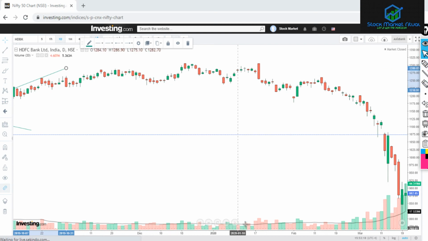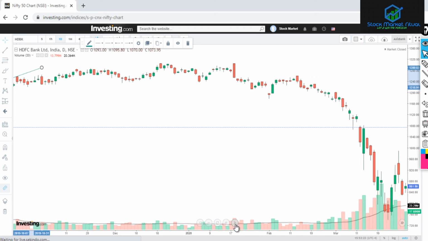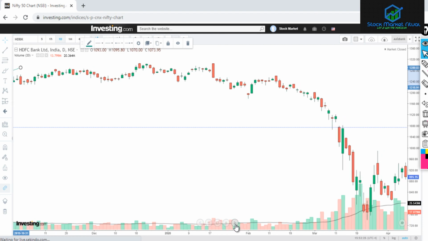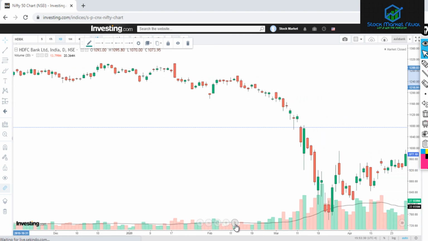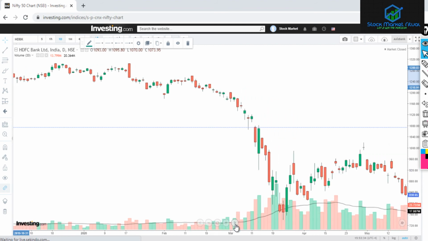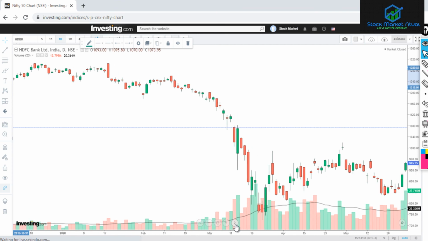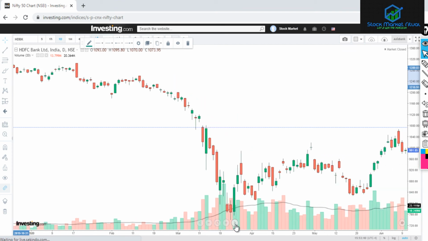And what do we see next? It's slowly retracing and going up. It again falls down and it's ultimately going up. So you can see the price will go up was signaled right on this day.